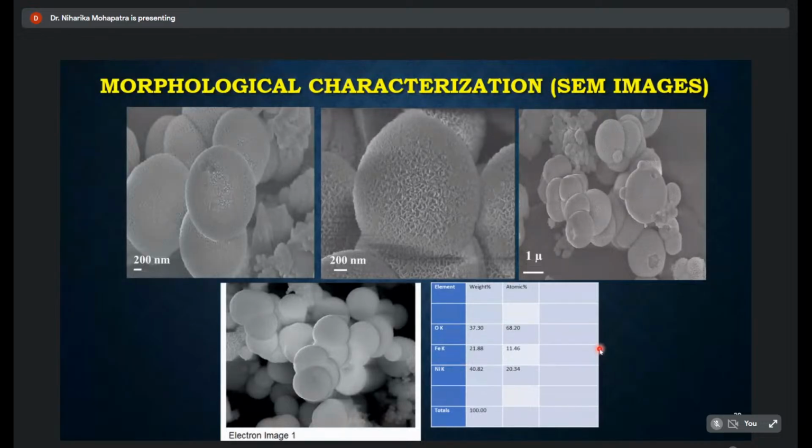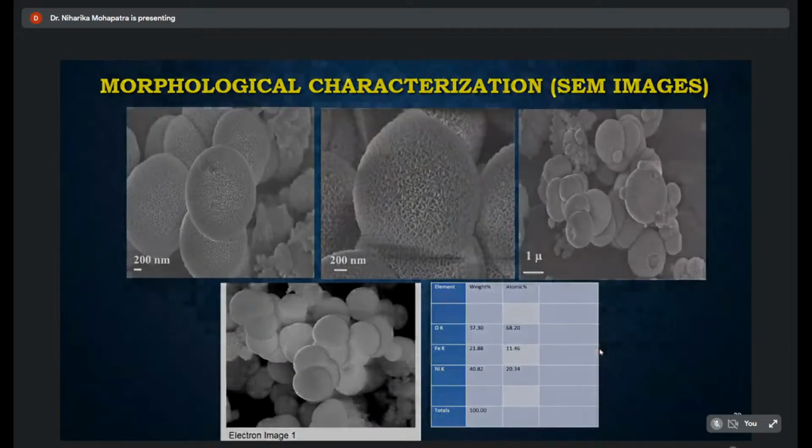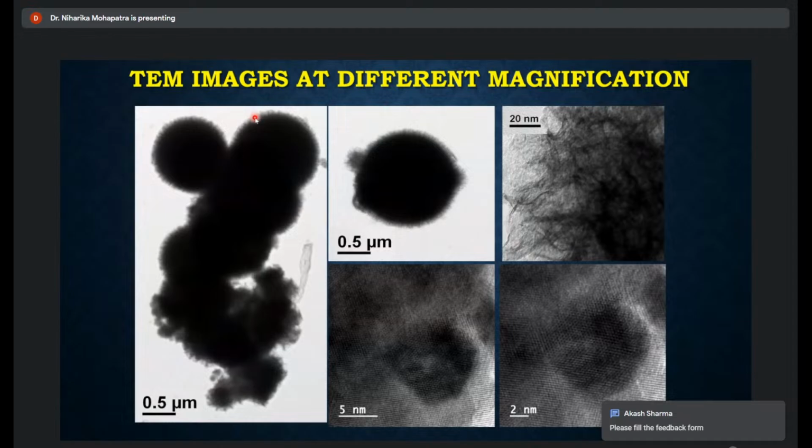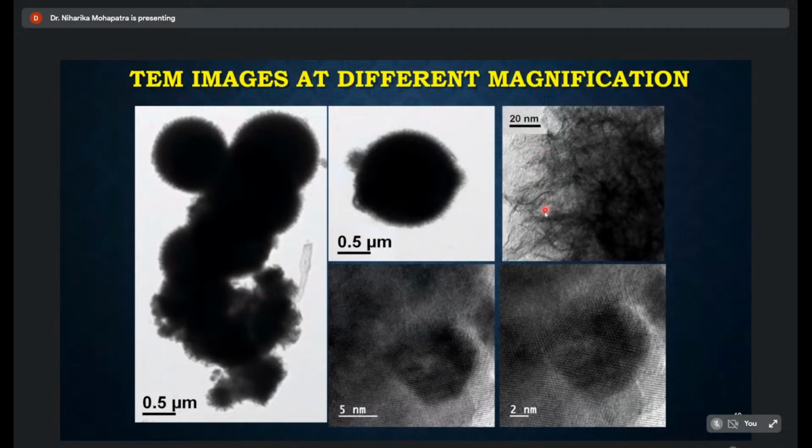But then we tried to visualize what is inside by transmission electron microscopy. These are the TEM images at different magnifications. When you look at very low magnification, we can see the balls with this kind of hazy outer line, which represents the nickel oxide flakes. If I enlarge further, you can see this kind of structure.